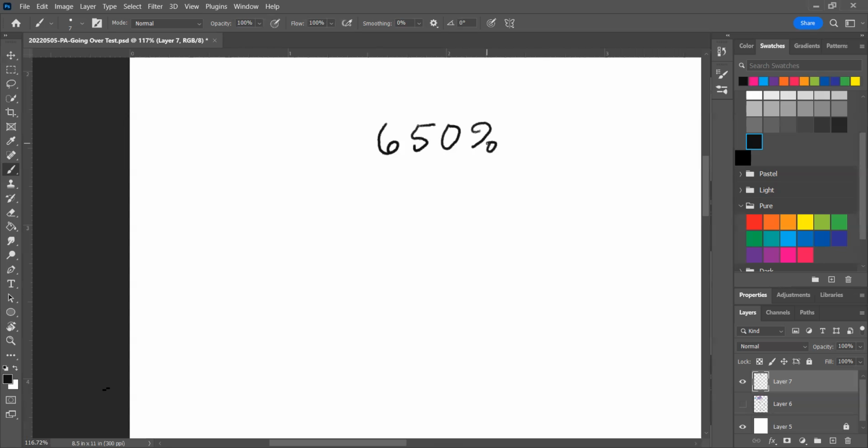It says write it as a fraction in simplest form. That means reduced. You put 650 over 100.